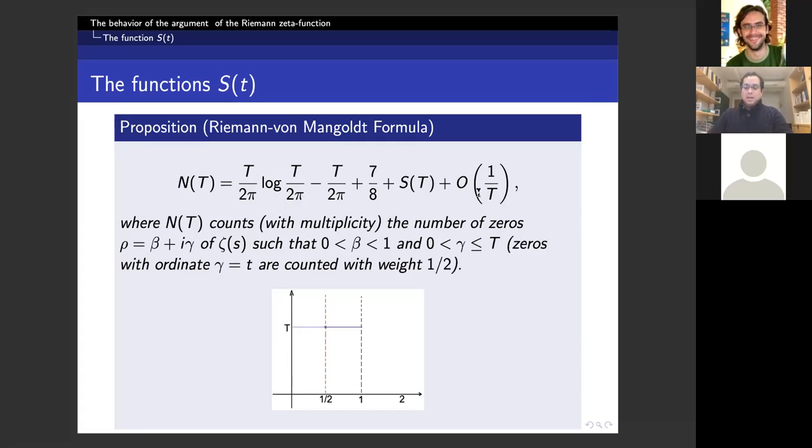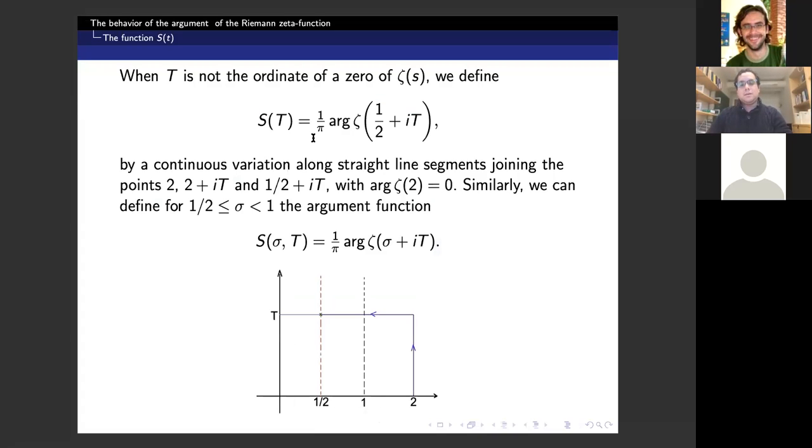So today I would like to study this special function that appears here, S(t). This function S(t) is the argument function, and we will define it in this form. When t is not the ordinate of a zero of zeta, you define S(t) as 1 over pi times the argument of zeta at this point, and you take this argument in this form.